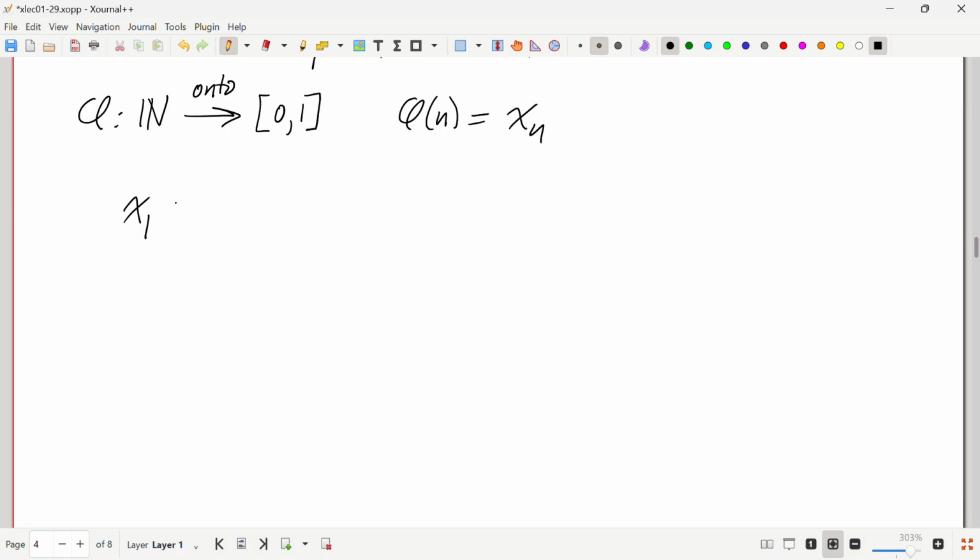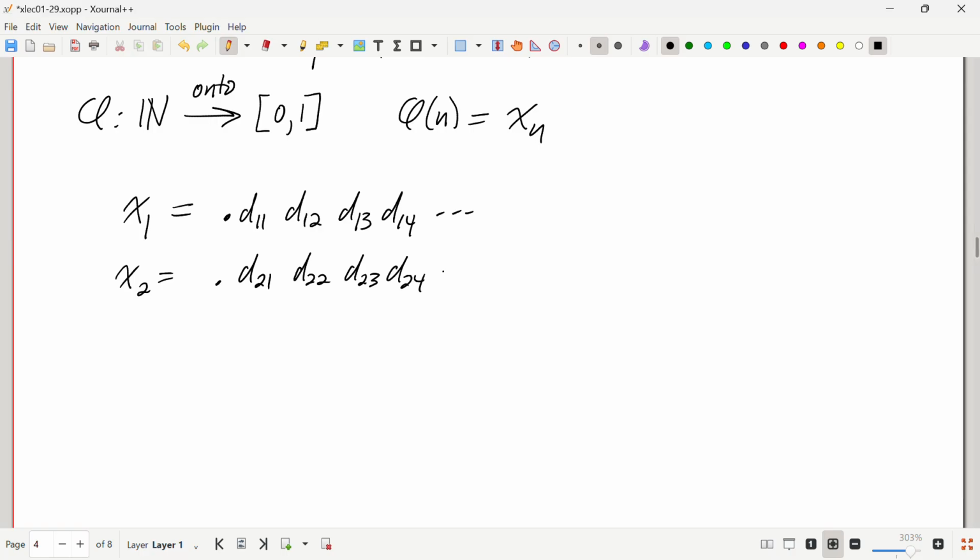X1 would have a decimal expansion, so I could make it be D11, D12, this is a digit, D13, these are the digits, D14, dot, dot, dot. That's a decimal expansion. X2 would be D21, D22, D23, etc. I'll do one more. D31, D32, D33, dot, dot, dot.